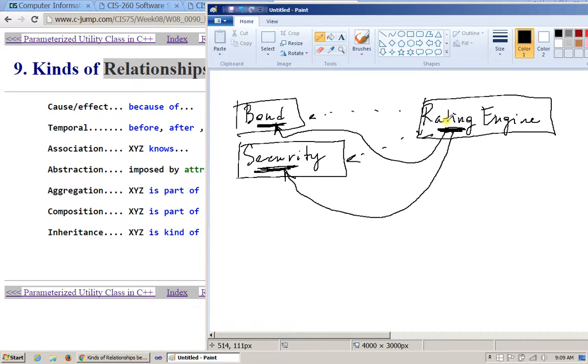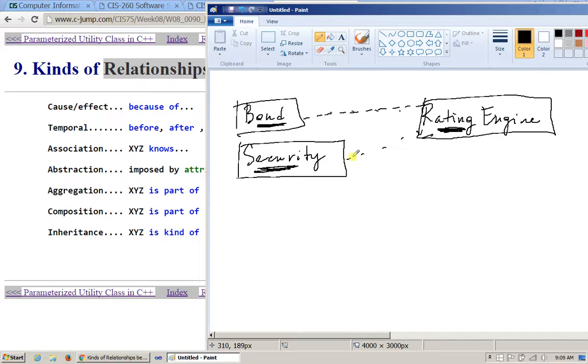Essentially, they're very closely coupled, very closely related. We say that these types of things should be indicated on the diagram simply as these dependencies, right?